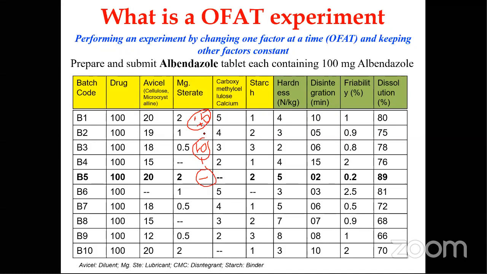Now what is the intermediate between these two? 7.5, and this is the mid level. Mid level with the symbol 0. So there are three levels: minus, plus, and 0. Minus is the least level, the least concentration you are taking. The plus level is the highest concentration, and 0 is the mid level between both.